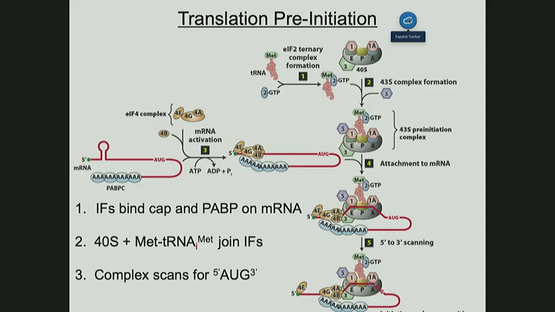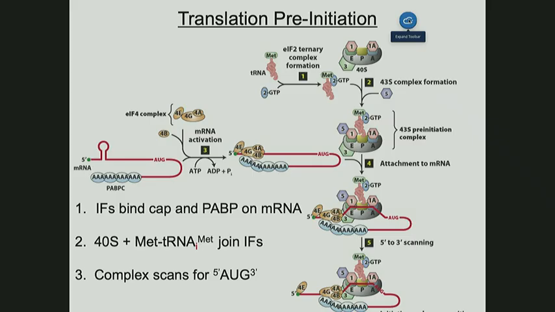So that structure at the 5' cap is recognized by translation initiation factors, and it's kind of stabilized there by interactions with poly A binding protein. The mRNA, at least in some cases, sort of loops around to form this structure. These initiation factors, and you don't need to memorize the various numbers like eIF4E, 4G, 4A, 4B. Just remember IFs for initiation factors when we're talking about translation.